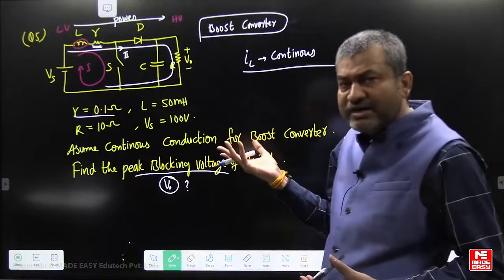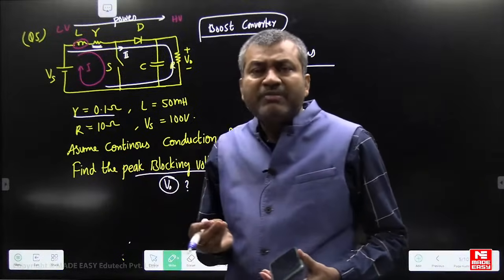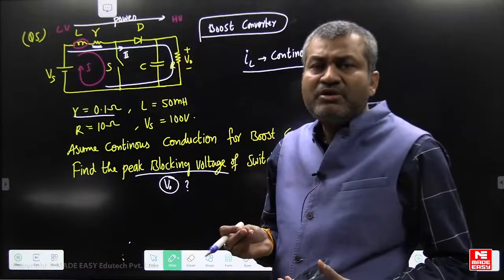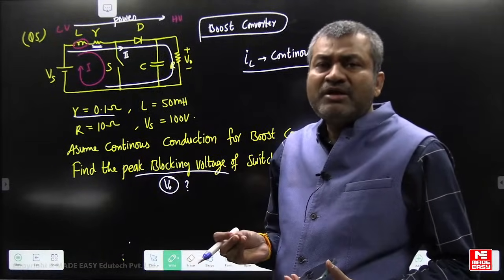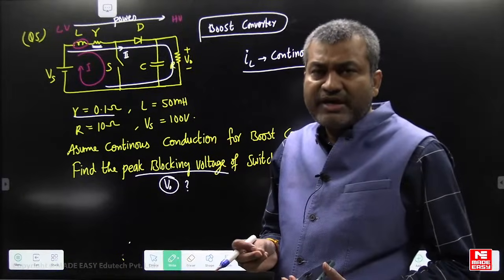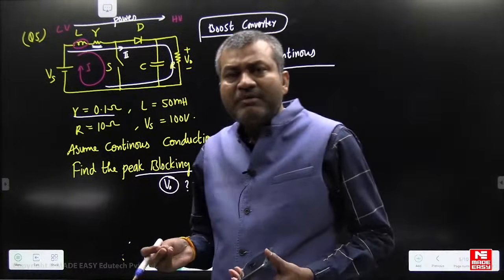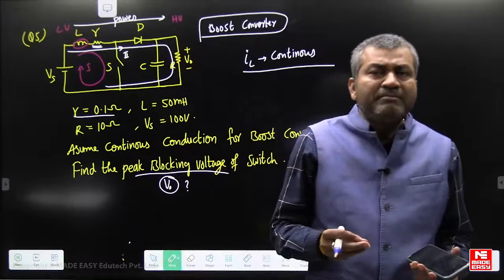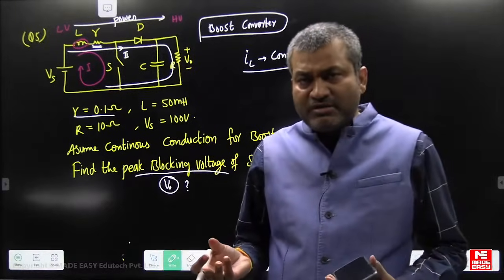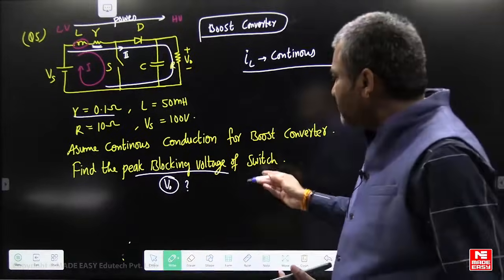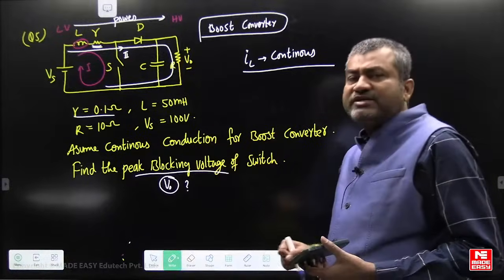I think we have done this in the regular course also. In buck converter, switch and diode must be capable of blocking maximum supply voltage. In boost converter, switch as well as diode must be capable of blocking maximum output voltage. So that means the blocking voltage of the switch is the output voltage here.